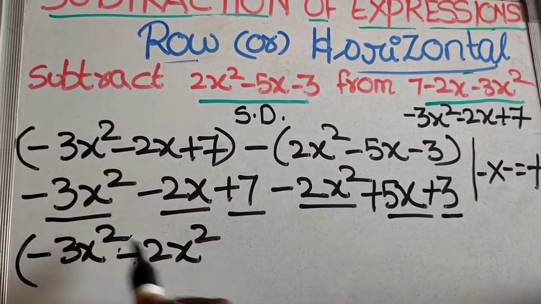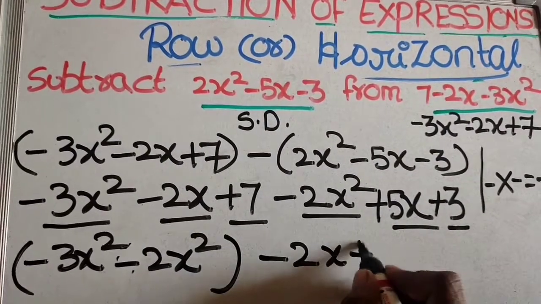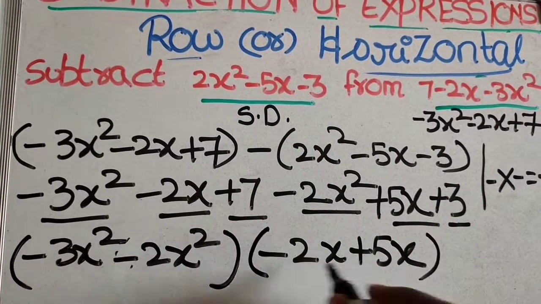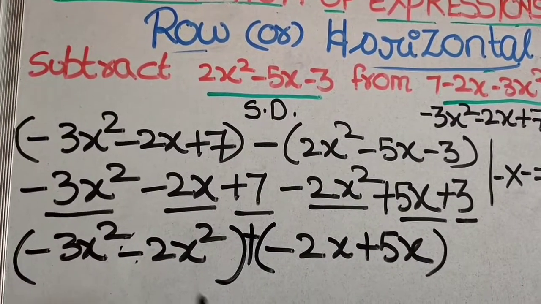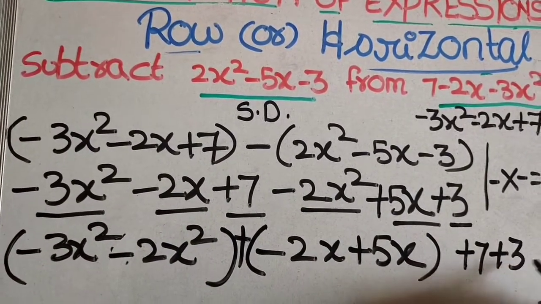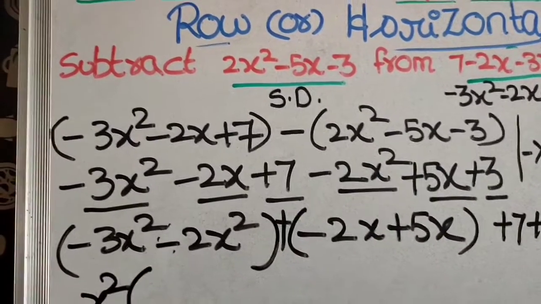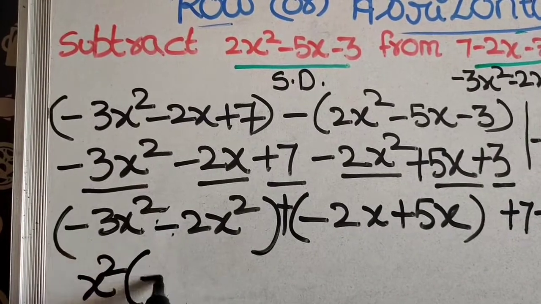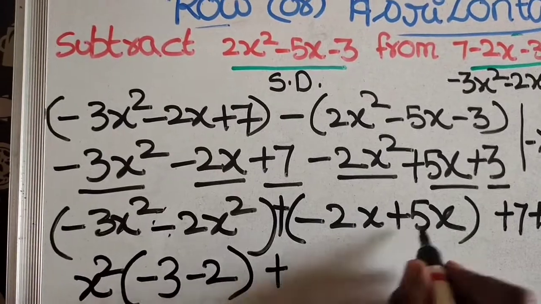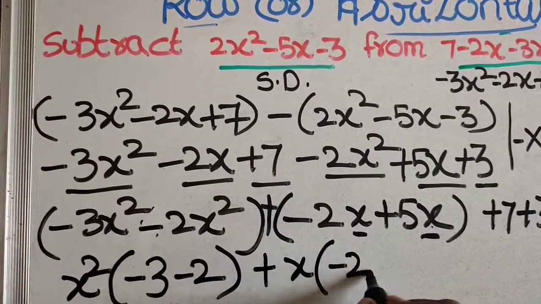And next, the x terms. What are the x terms now? Take x as common. So minus 2x plus 5x. These all make one group. Next, 7 plus 3. Those are all constants. Plus 7 plus 3. So now what we are taking? We are taking x square as common. Minus 3 minus 2 gives minus 5. So minus 3 minus 2, plus, take x as common, minus 2 plus 5.